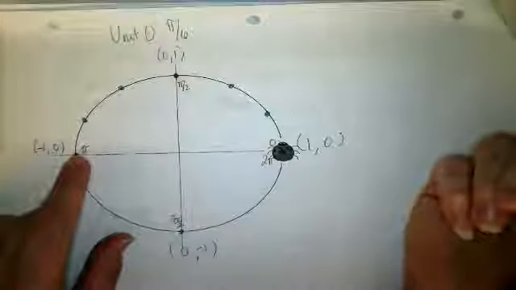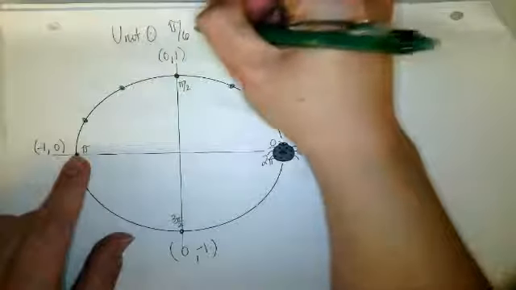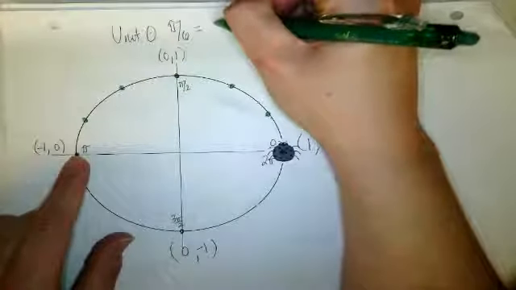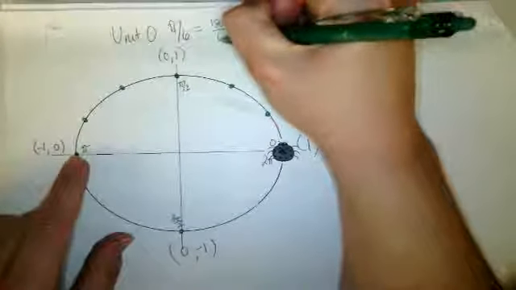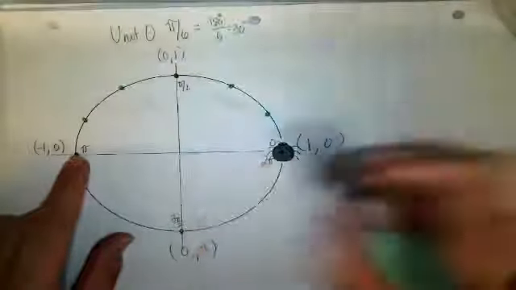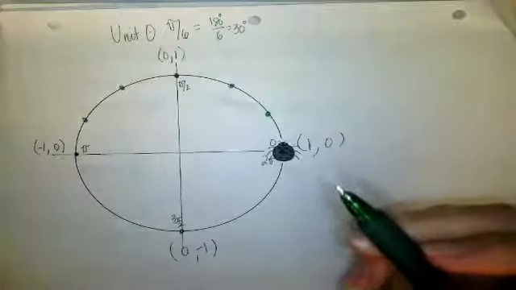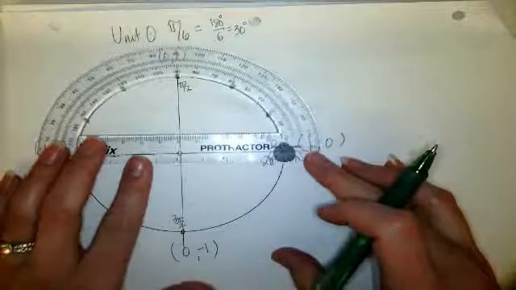When you're doing this on your project, you're going to actually measure that, because what is pi over 6 equivalent to? 30 degrees. 180 divided by 6 is 30 degrees. So you would take your protractor and actually measure out your 30 degrees.